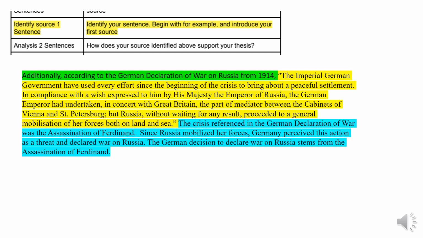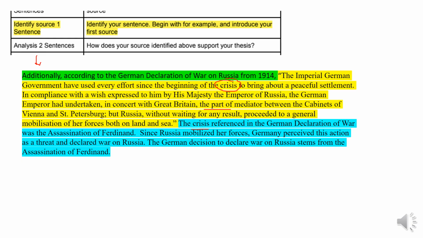Now we're moving on to the second source. You need to include 3 sources minimum that clearly support your thesis. Additionally, again with the transition, according to now a new document, the German Declaration of War on Russia, the German government used every effort since the beginning of the crisis. The crisis is the assassination. Now they get into talking about being the mediator.